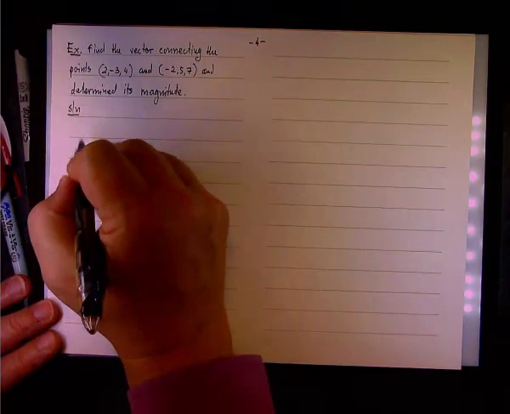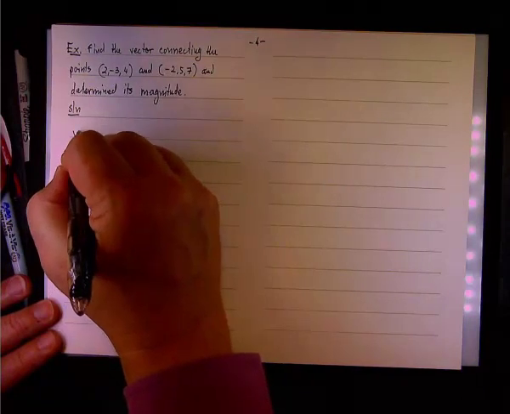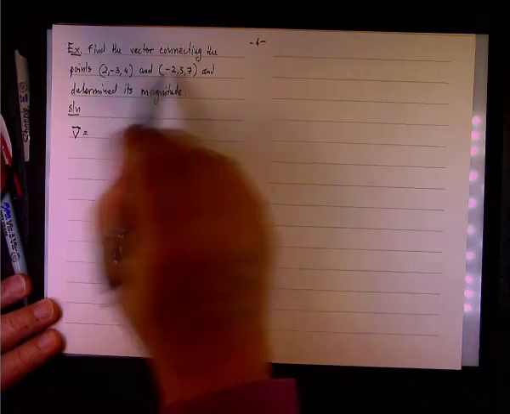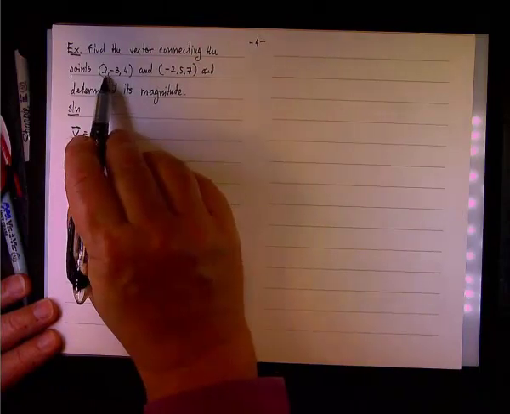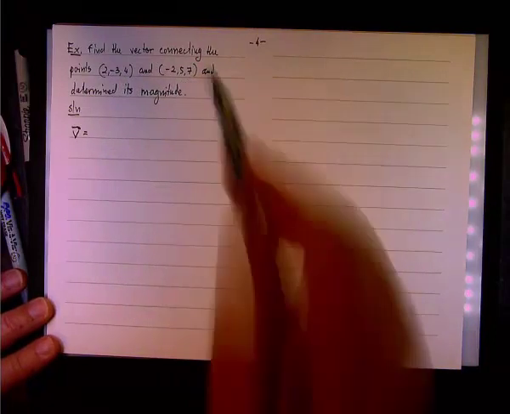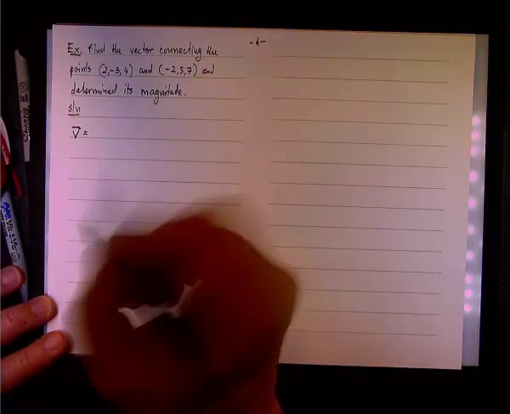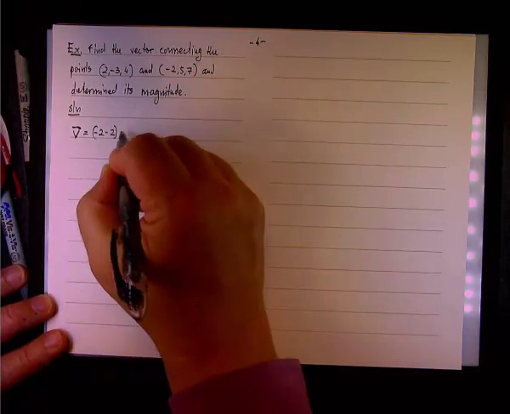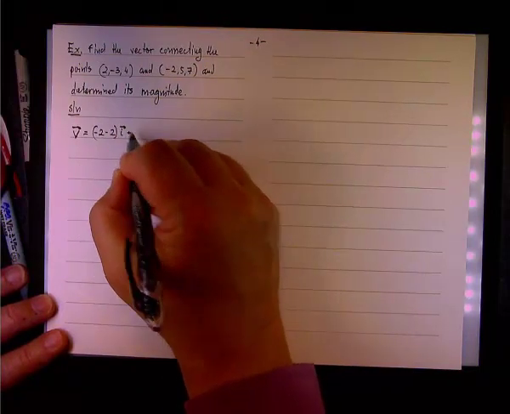So the solution, we're going to let a vector, in this case V, be, if we use the IJK notation, then vector V would be, if you let the first point be, let's say, x1, y1, z1, and the second point be x2, y2, z2, then we're going to subtract.